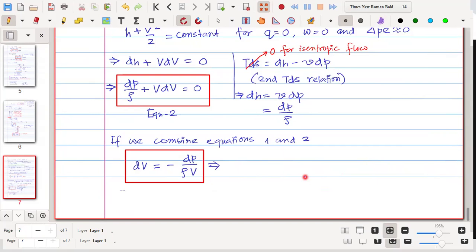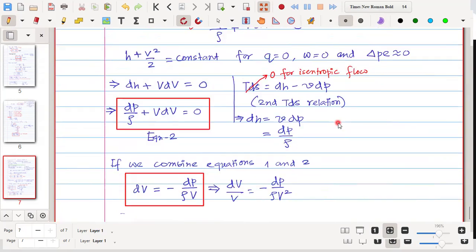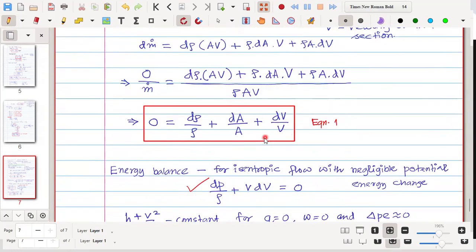Next. Therefore, what is dV by V? dV by V is equal to, therefore, minus dP by rho V square. Simply, I have divided by V on both the sides. So it is this. Now I will put it here in equation 1.